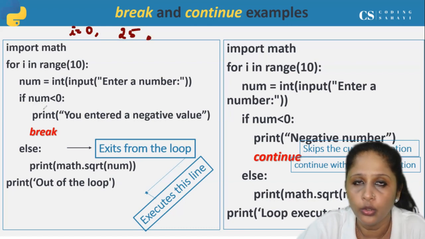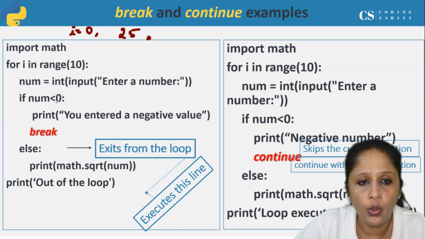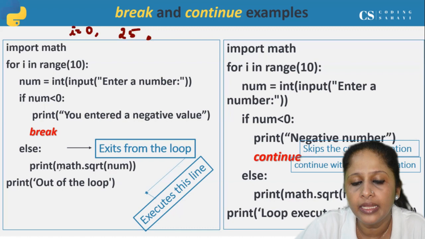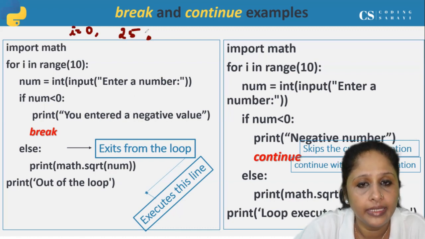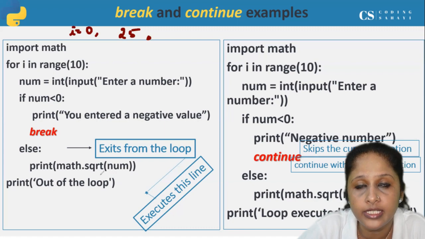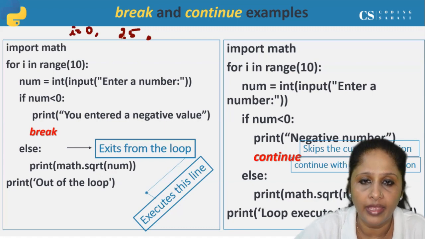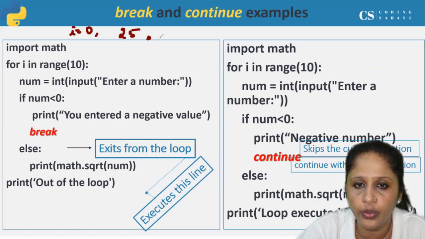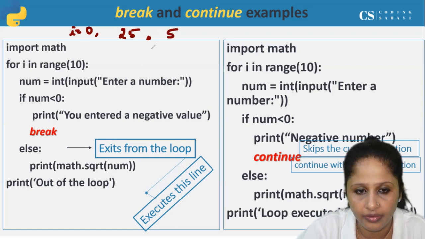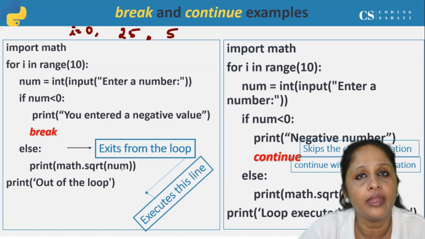Is it satisfying? No. So it goes to the else part and prints math.sqrt(num). The value of num is 25, so it finds the square root of that value. What is the square root of 25? It is 5.